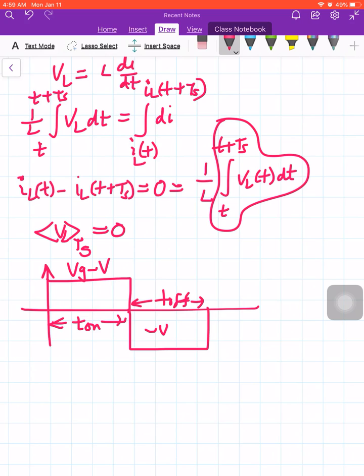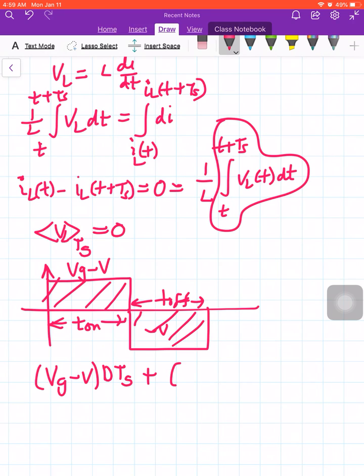So if we represent it in duty ratio and average this over the time period, then see what happens: Vg minus V into capital D into Ts, which is the turn on time, plus minus V into 1 minus D into Ts. So Ts will go away, and Vg into D minus V is equal to 0.